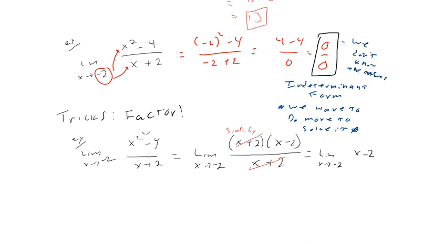And now I can plug in and solve this. Right now, I'm allowed to plug in. So I'm going to plug in my negative 2. I get negative 2 minus 2, which is going to equal negative 4. And that is the answer to my limit.